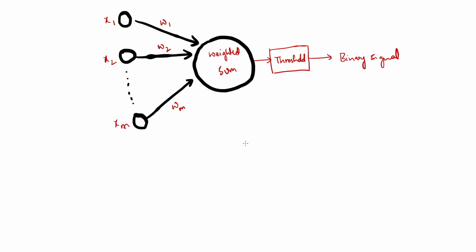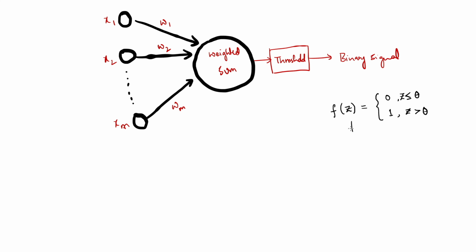Now, mathematically, how do we express this? A threshold is given by a function, and we pass a weighted sum to this function, and based on that we would get either 0 or 1. It is 0 if z is less than or equal to some threshold value, or it will be 1 if z is greater than some threshold value.